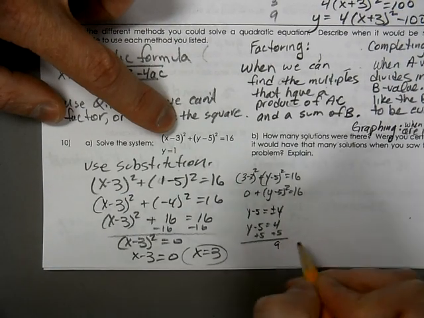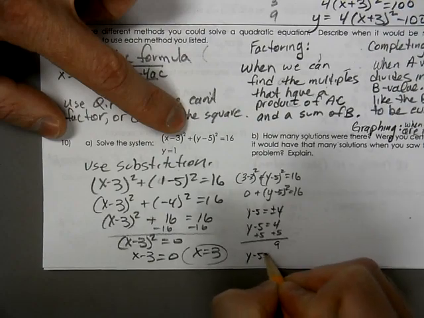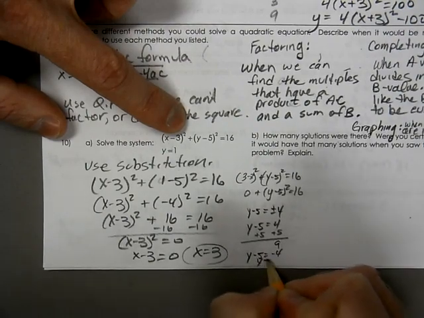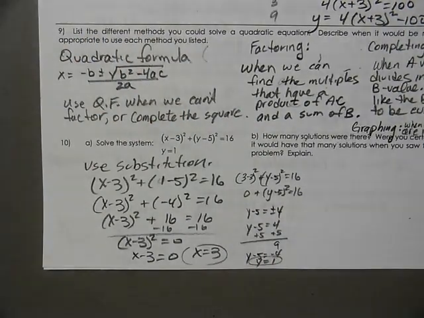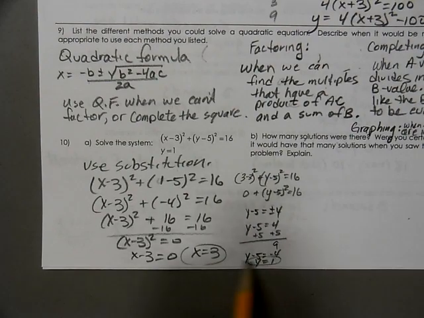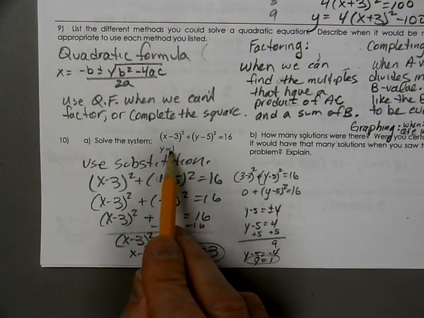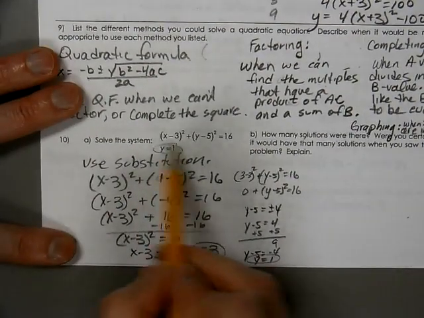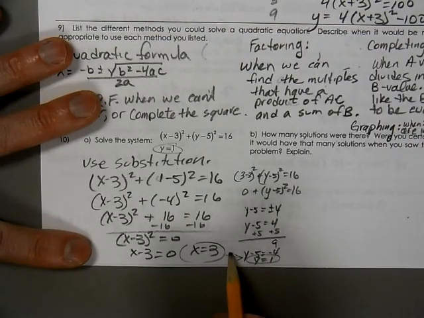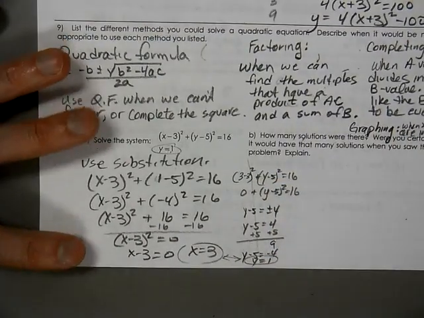So we would have a spot at 9, and we would have a spot at 1. And of course, we didn't have to do that because we already knew what y was. Y was 1. So really, that's not necessary.